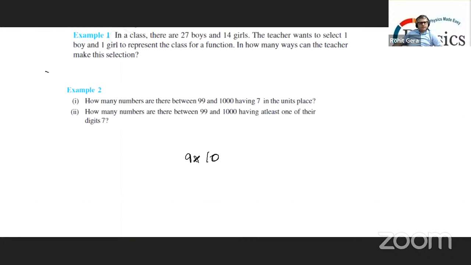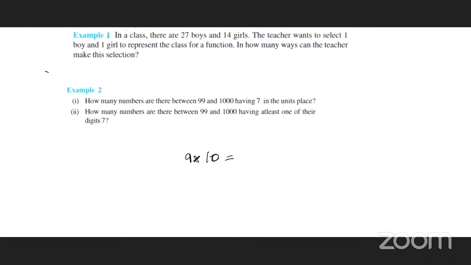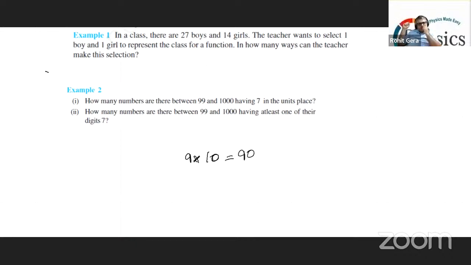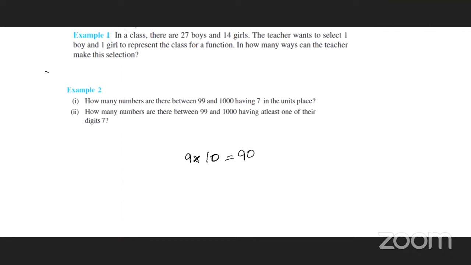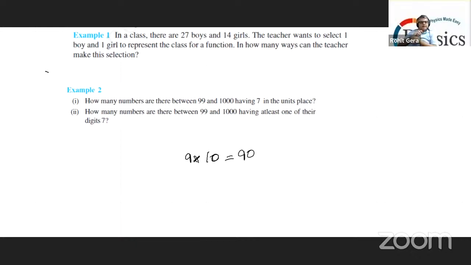7 should be in the unit place. Yes sir, 90 ways, between 99 and 1000, so only 3-digit numbers. In a 3-digit number, the unit place is 7, so you can't have another option there, one number only.